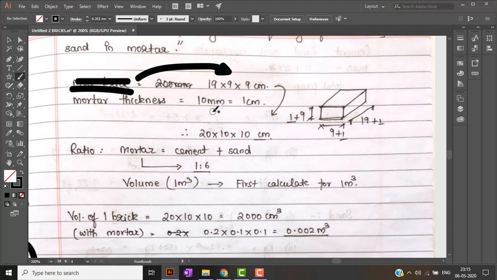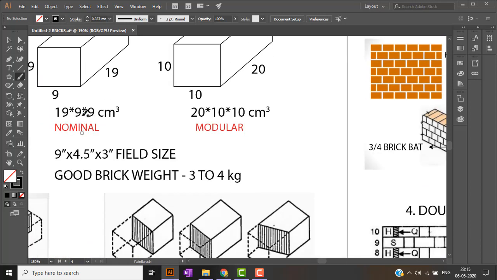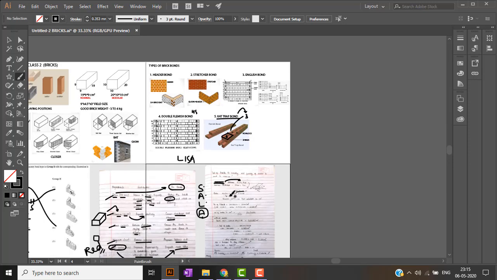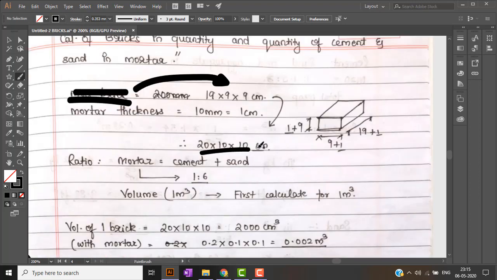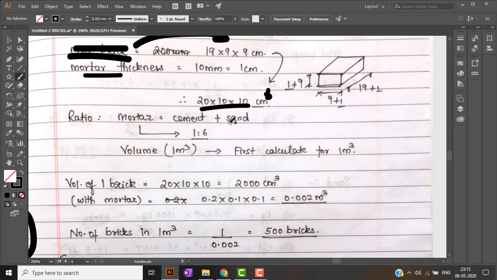When we add a mortar thickness of 10 mm, 1 centimeter, it becomes 20 into 10 into 10. This is the modular size. See, 19 into 9 into 9 is the nominal one, 20 into 10 into 10 is the modular one. When we add mortar thickness, it becomes 20 into 10 into 10 centimeter cube.